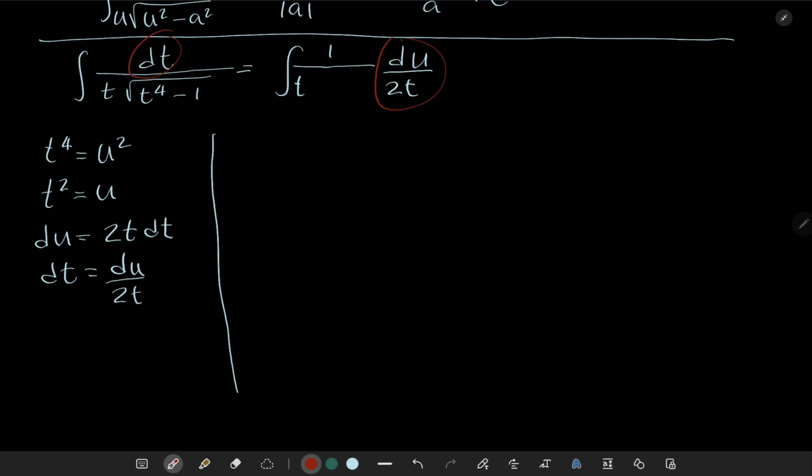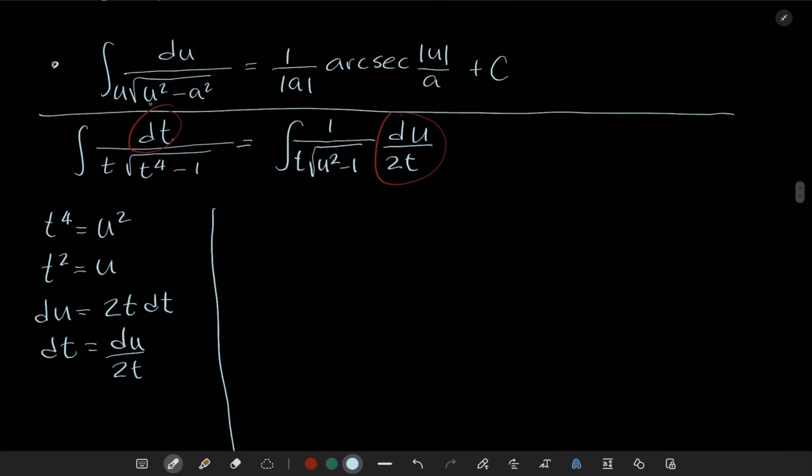So I'm going to put a 1 in the numerator just to have the fraction. And then I'm going to have a square root of, and this one we already know what that's going to be because we rigged it so that this would be our u squared minus 1. We fixed that so that it looks kind of like what we have here, square root of u squared minus a squared. A is going to be equal to 1. I think we'll agree with that.